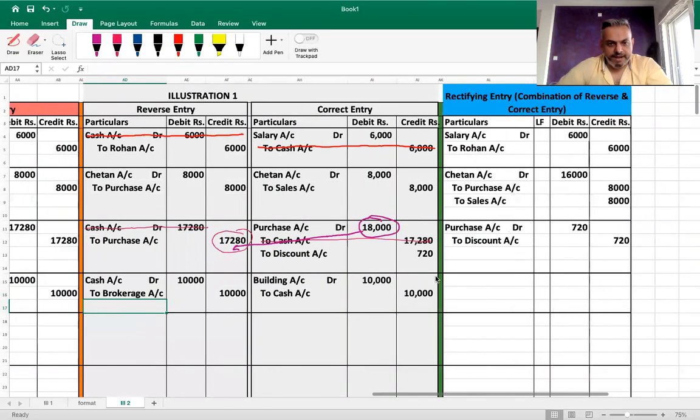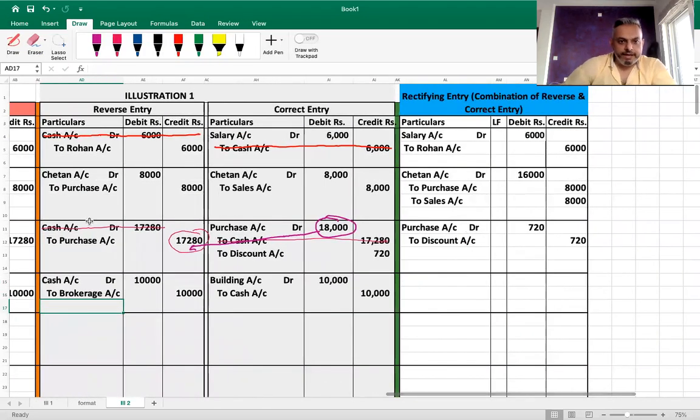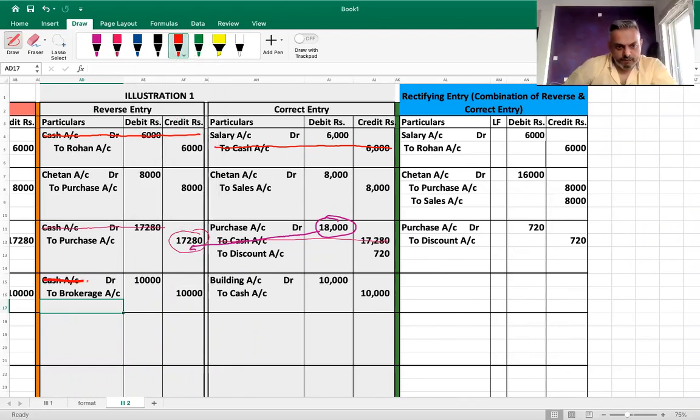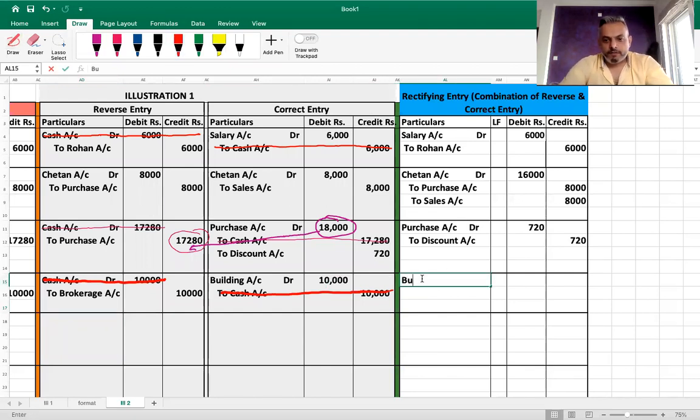Now we have to combine. So while combining, what do we cancel? Yes, very good. We cancel cash account, so cash account debit, cash account credit, cancel. So we are left with what? Building account debit to brokerage account.